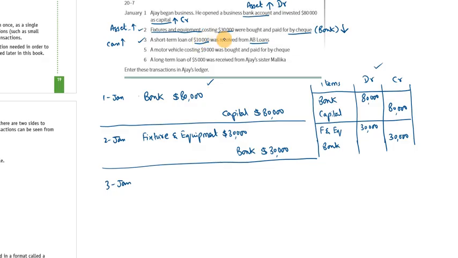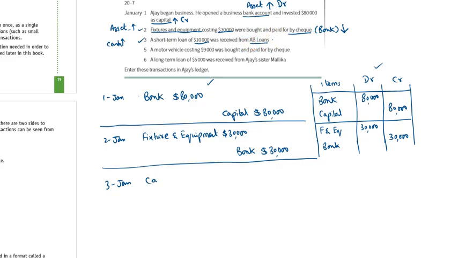Business cash will be received because nothing is mentioned here that the $10,000 was deposited into the business bank account or that Mr. A received this loan through check. So nothing is mentioned; we will say that it will be a cash transaction. So we can say this: the business cash will increase, and loan is the liability. Loan is what the business owes.